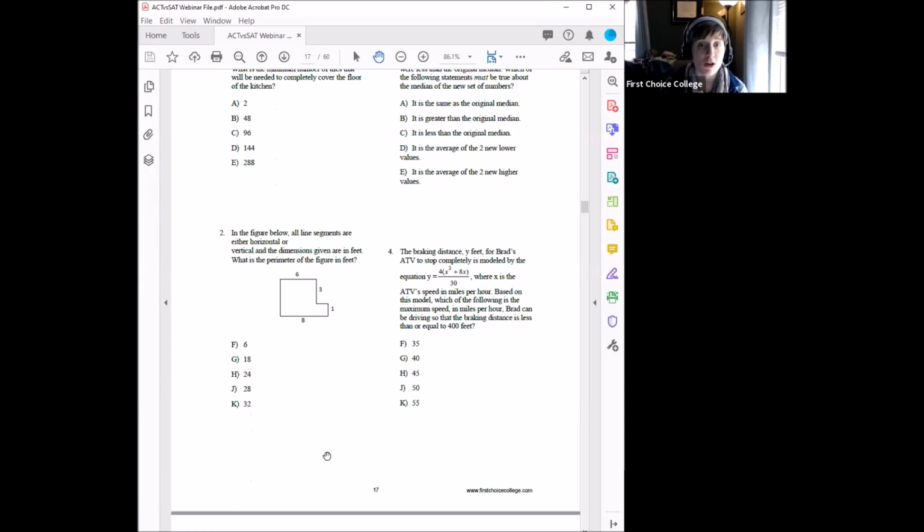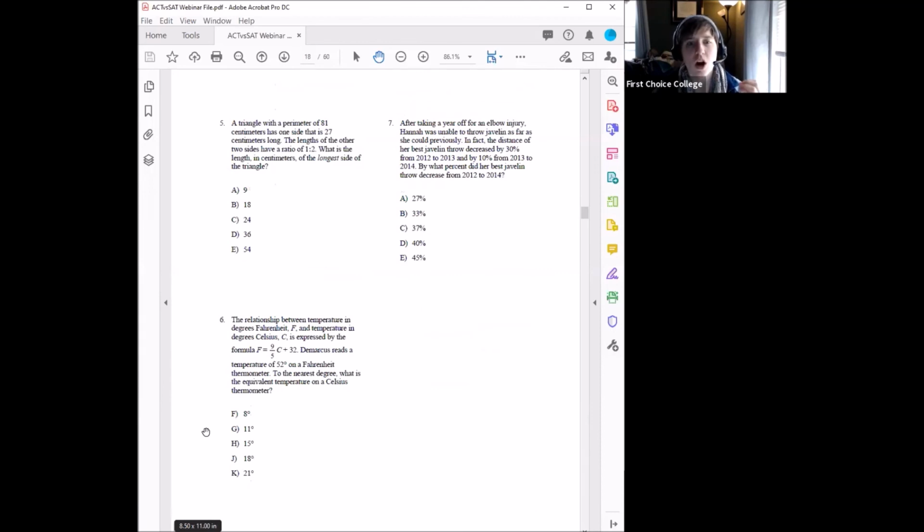They may be hard math, but what you're supposed to do is somewhat clear from the question. Like question 2: in the figure, all angles are horizontal or vertical, dimensions are in feet, what's the perimeter in feet? So it's very clear what you're expected to do, and then you have to go around and make sure you do it correctly. But we'll compare that with some of the SAT questions in terms of what you're expected to do.